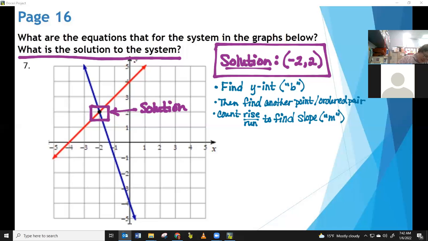Couple things about that. If you go up as you count between those, rise is positive. If you go down, your rise is negative.